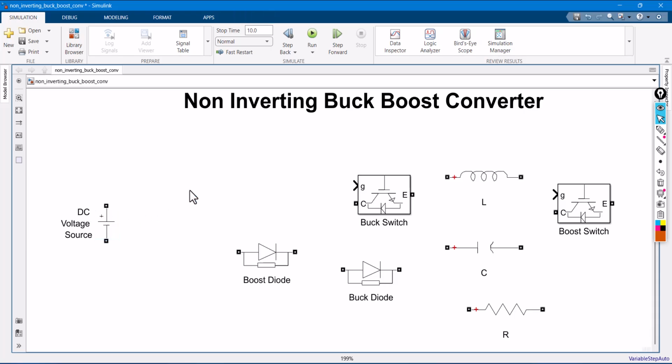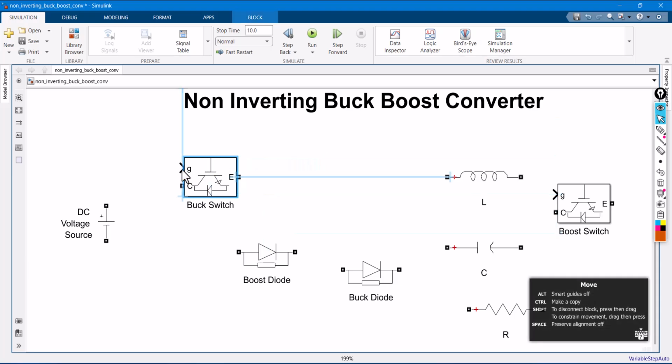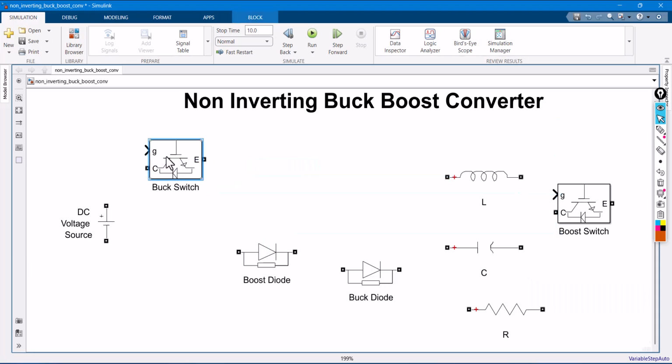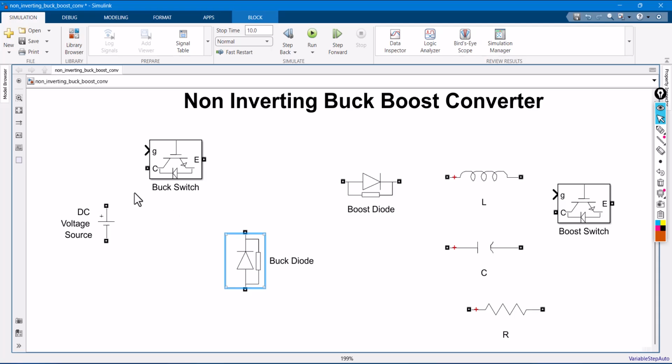So you'll be having a buck switch on the input side, and buck diode on the input side. Connect like this.